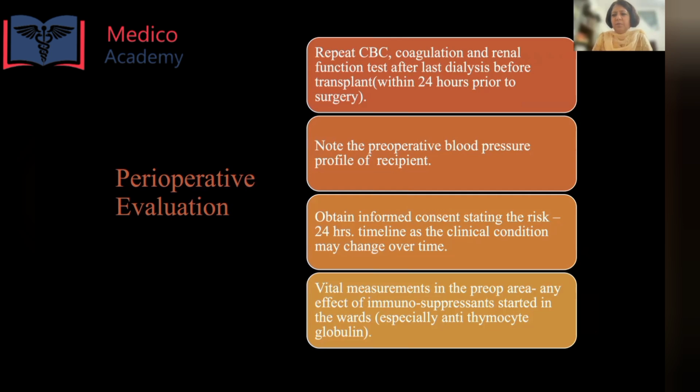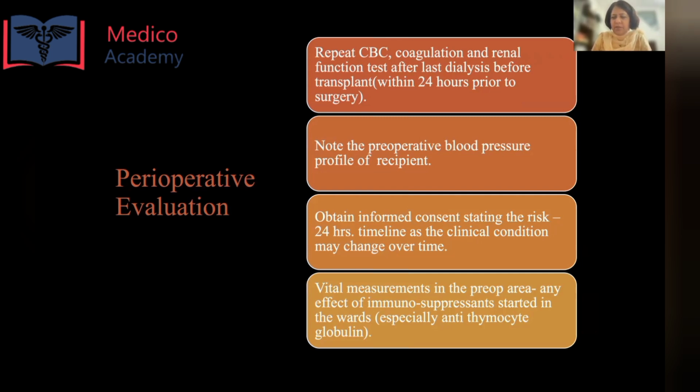We note the preoperative blood pressure trend and profile of the recipient. We obtain an informed consent stating the risk. It should be within the 24-hour timeline before surgery, because each and every clinical condition must be stated in the consent. This has a legal impact.